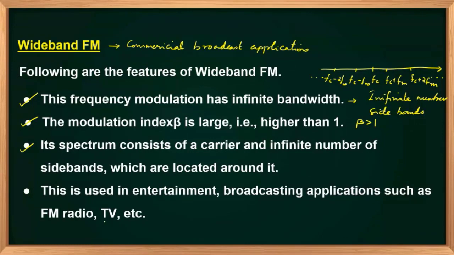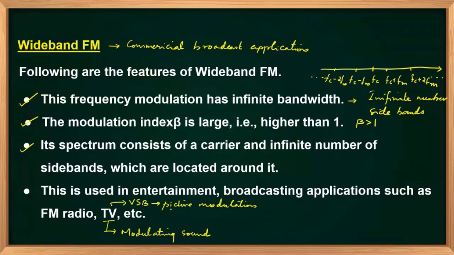In TV, we use FM for modulating sound. And picture information is modulated using vestigial sideband modulation, VSB, in TV. VSB is used for picture modulation. Both video and sound are transmitted in TV.